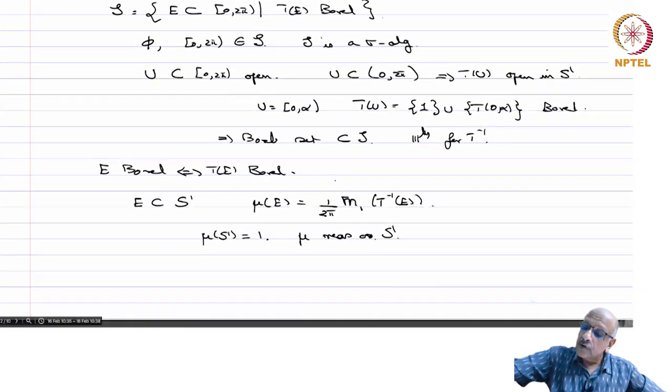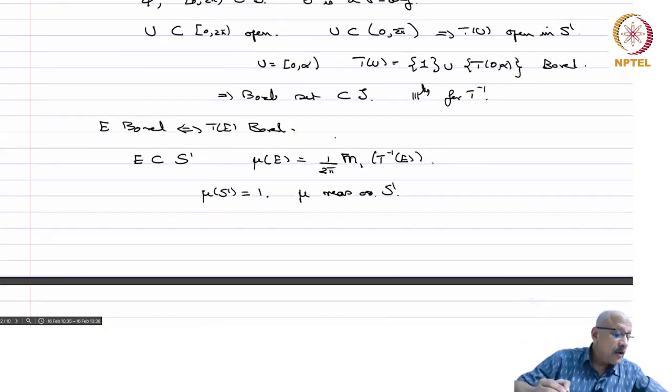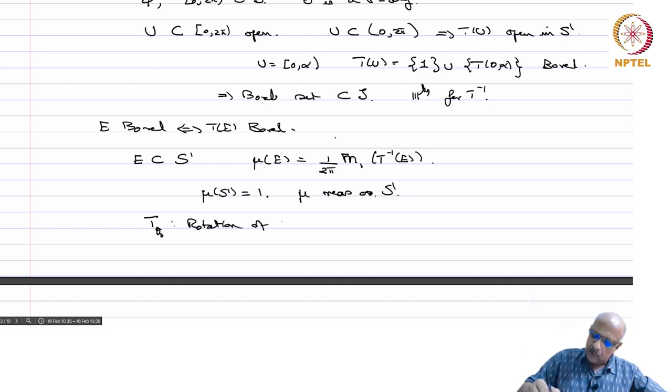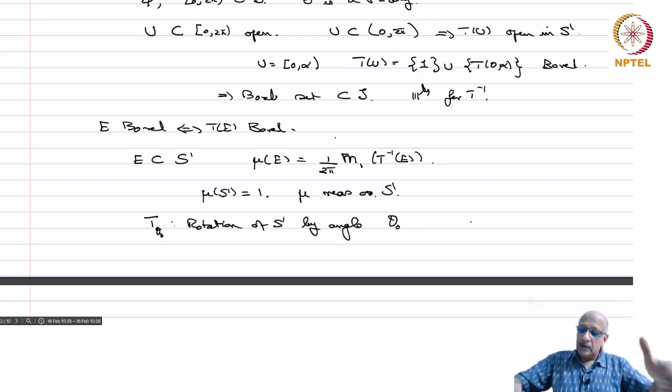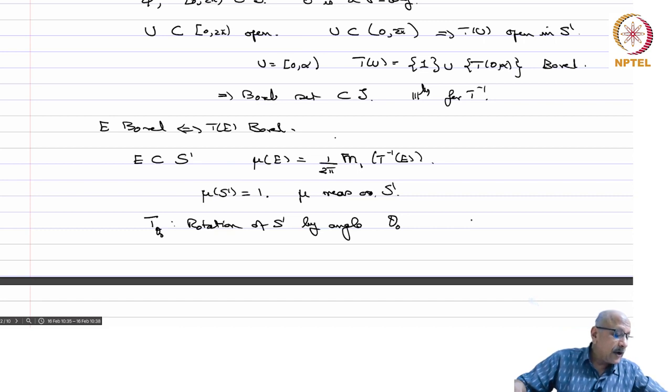Now we want to show the rotation invariance. So let R theta naught be the rotation of S1 by an angle theta naught. So you take the circle and you rotate it, you get back the circle again.